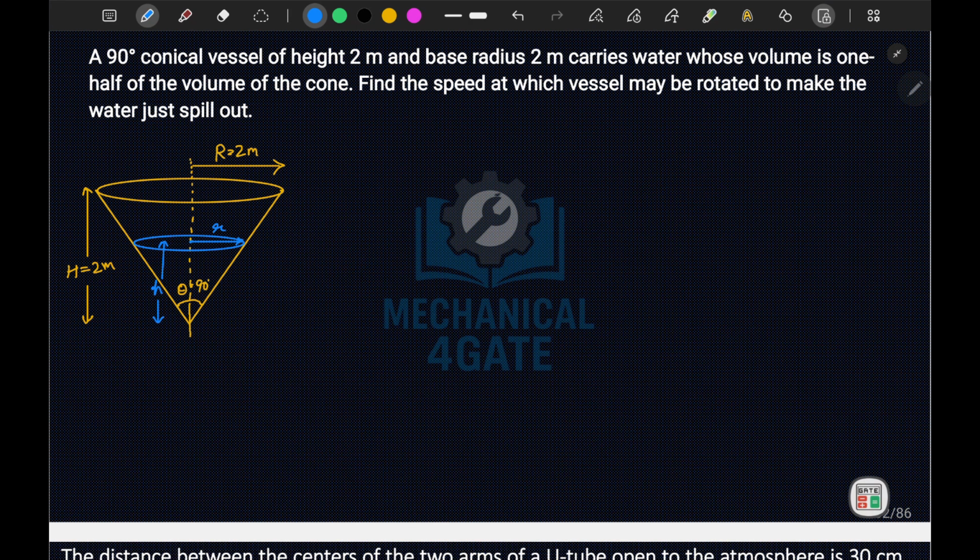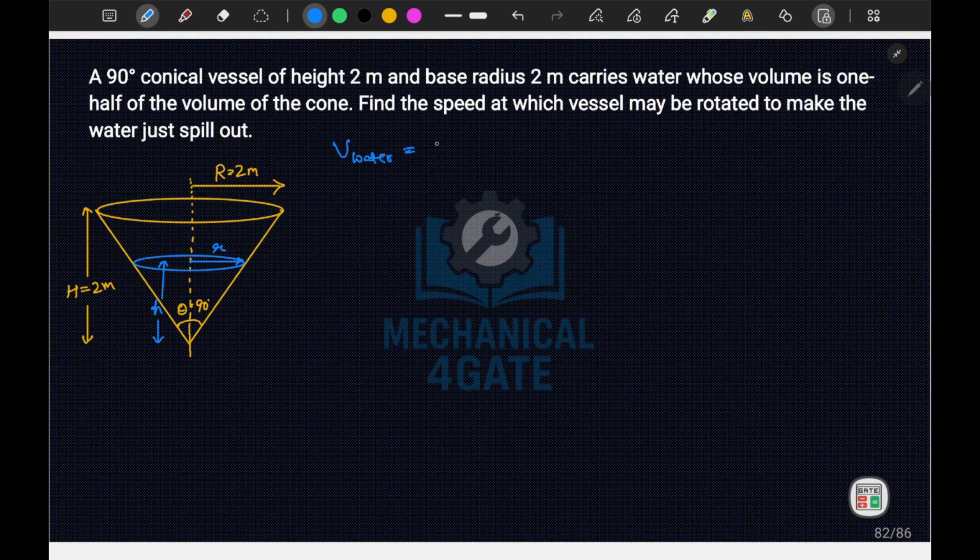So we know that volume of water is equal to half of volume of cone.